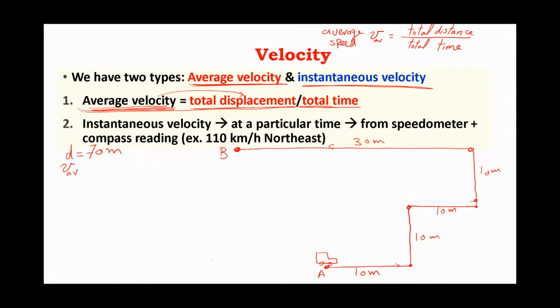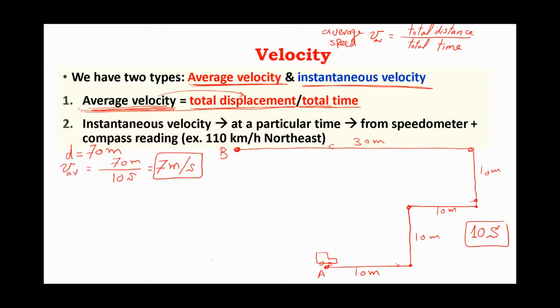Let's say this car needed 10 seconds to go from A to B. So the average speed equals the total distance, which is 70 meter, divided by the time, 10 seconds. So the result is 7 meter per second.